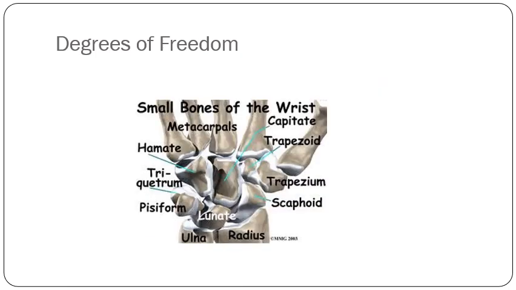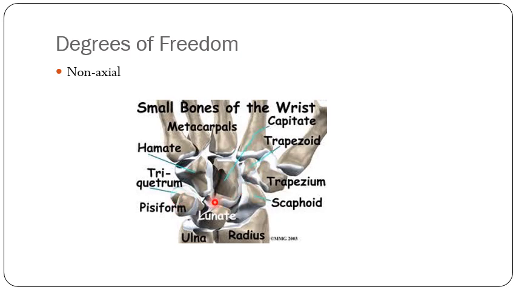Now, another joint, which is considered a non-axial joint, but movement can still take place, are what are called plane joints. The plane joints we're talking about, at least in the example of this picture, are the intercarpal joints. So there's movement that takes place between all of these joints.